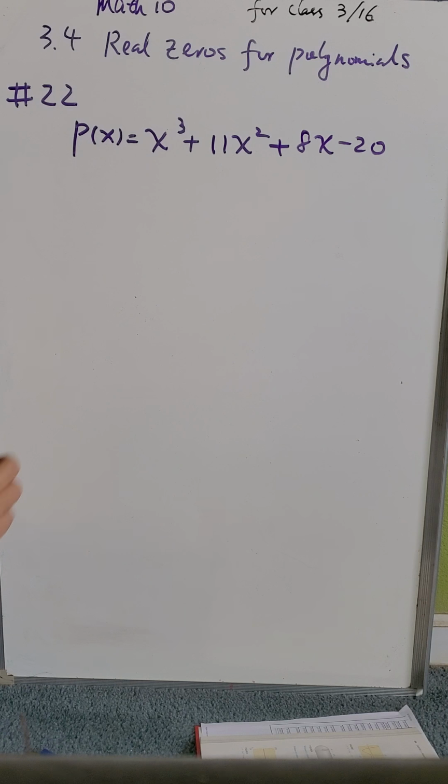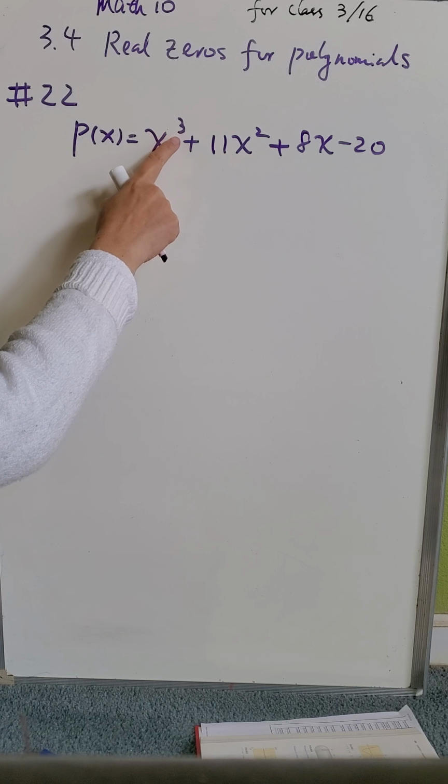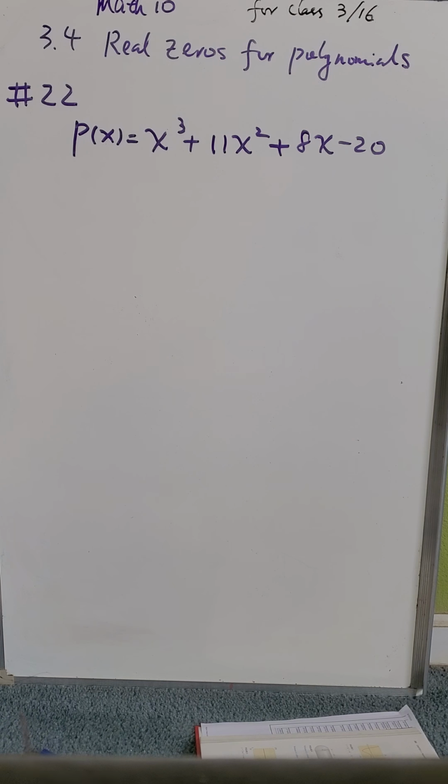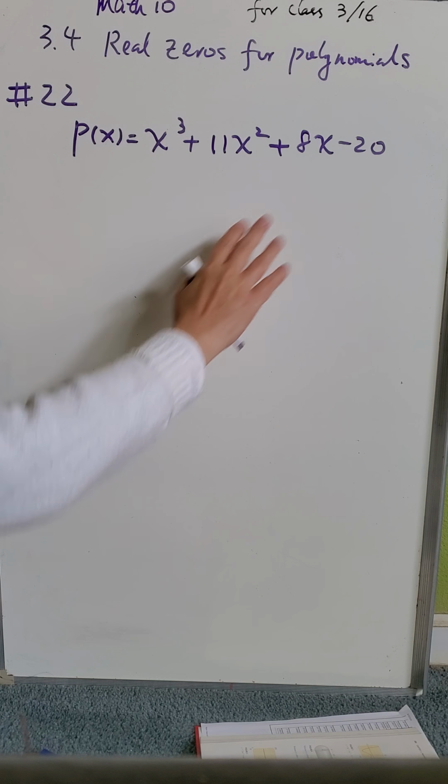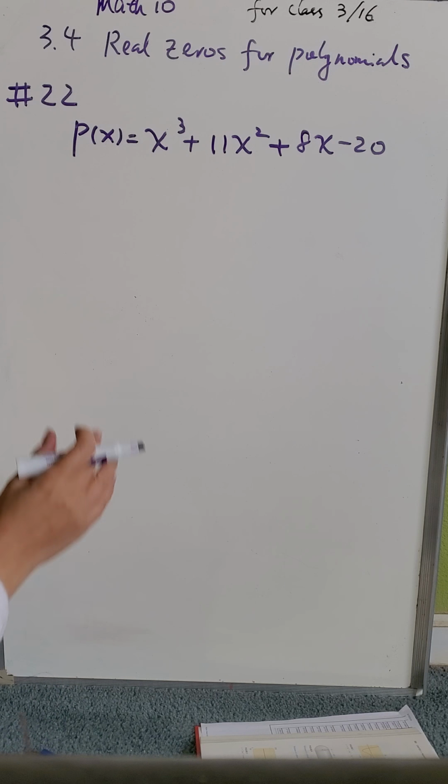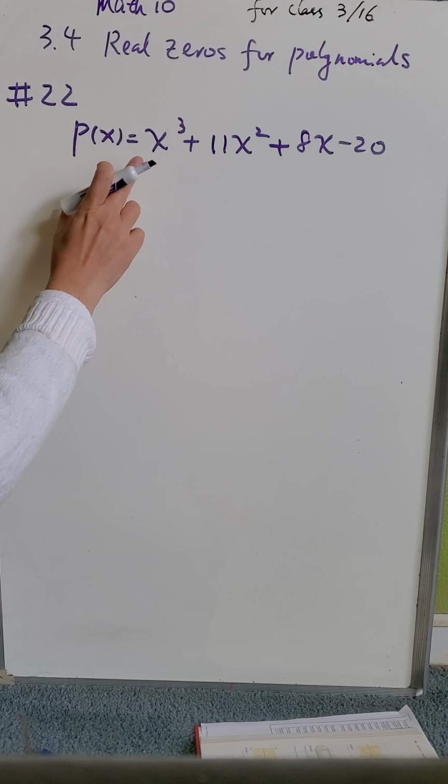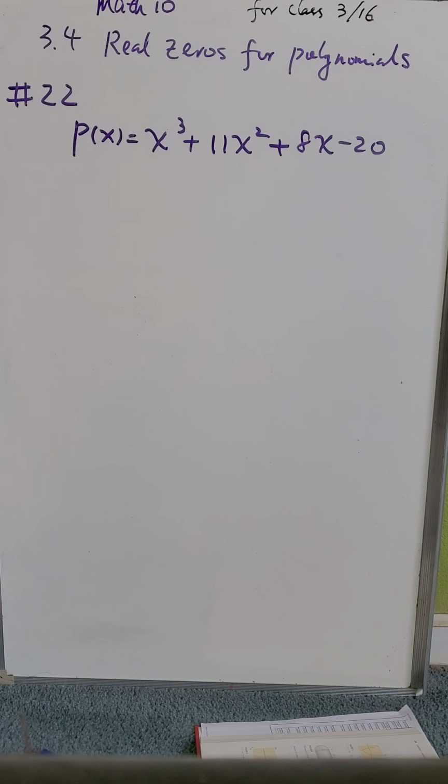So here is a polynomial of degree 3. Normally we don't know how to do these problems, but now we're going to have a technique. We're going to learn how to find a solution for this polynomial, which means to find what x equals.